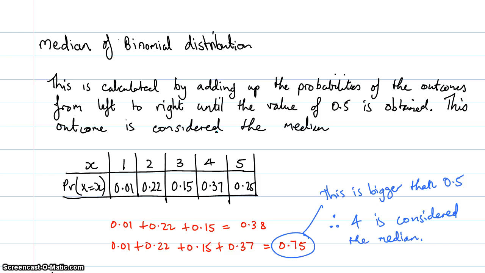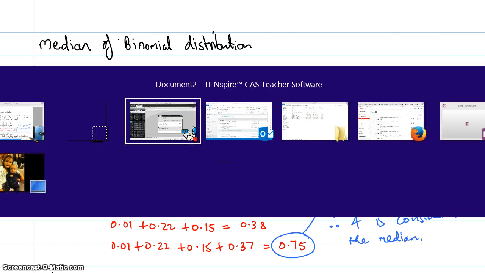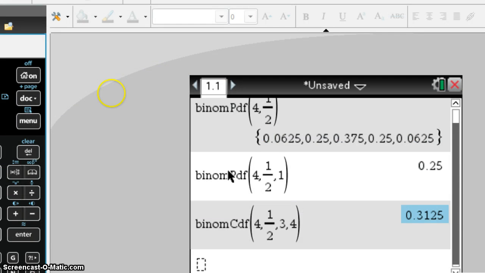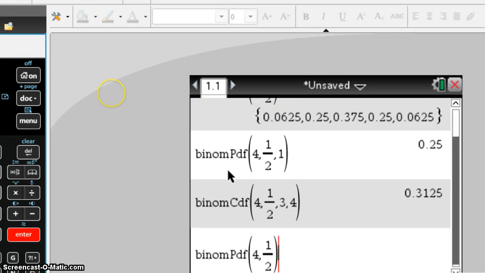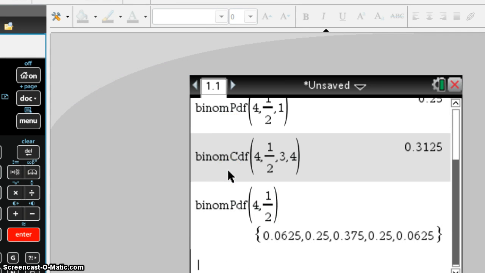Now, I don't believe there's a quick, easy way of doing this on the calculator. I'll keep searching to see if I can. But what I would suggest is getting out all of the outcomes like this here. Just type in your conditions of the binomial distribution, and you should get all of those values. Then I would start adding them up.